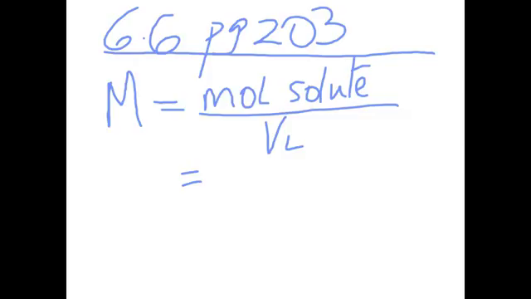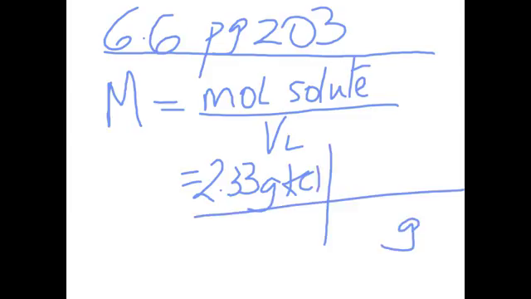Well, you should first be converting into moles. So you should be doing 2.33 grams of KCl, and you should have done how many grams of KCl is 1 mole? 74 point? And you should be first doing that.